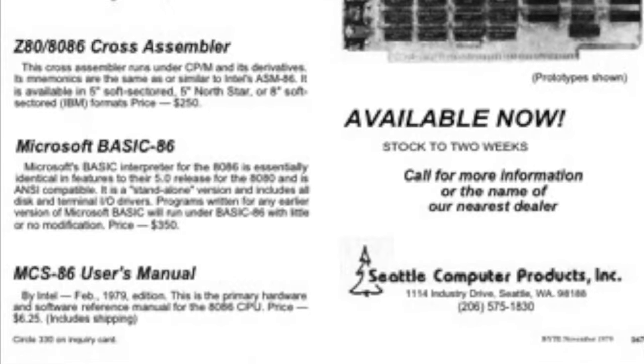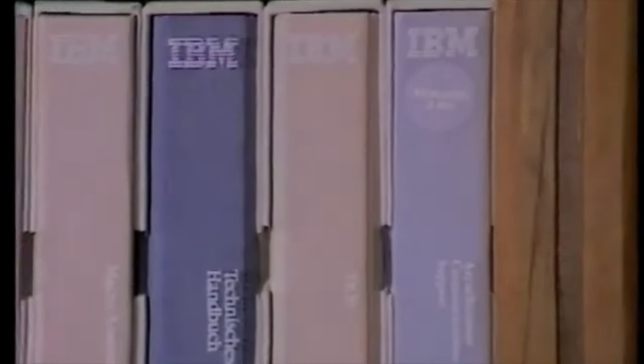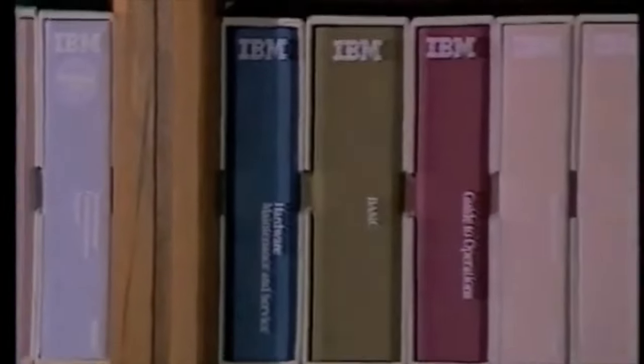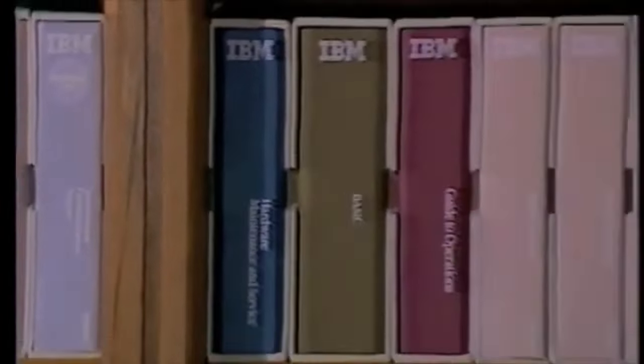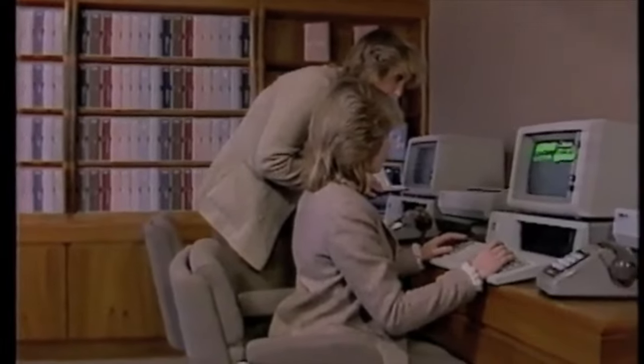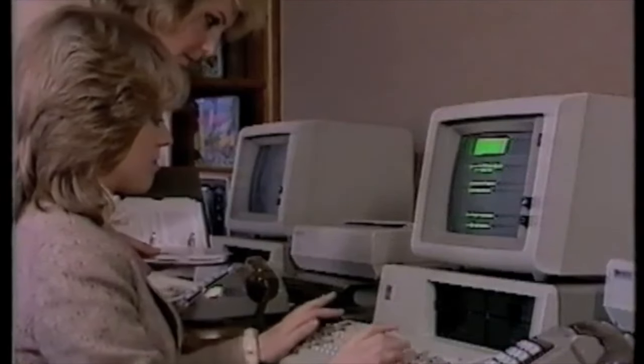QDOS, interestingly, stood for Quick and Dirty Operating System. Microsoft bought QDOS from SCP for $75,000, and in turn they licensed it to IBM, who rapidly needed an operating system that would work with an 8086 or an 8088. Digital Research's CP/M-86 operating system just wasn't released in time.